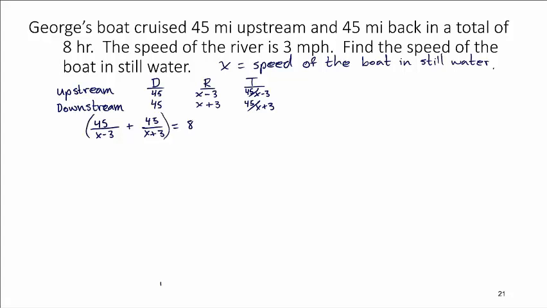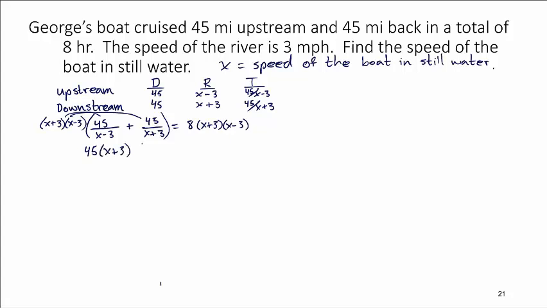So I'm going to multiply both sides by the LCD, which is x plus 3 times x minus 3, right? Know that all of this has to be multiplied to both of those terms. In the first term, the x minus 3's cancel, so we'll be left with 45 times x plus 3.